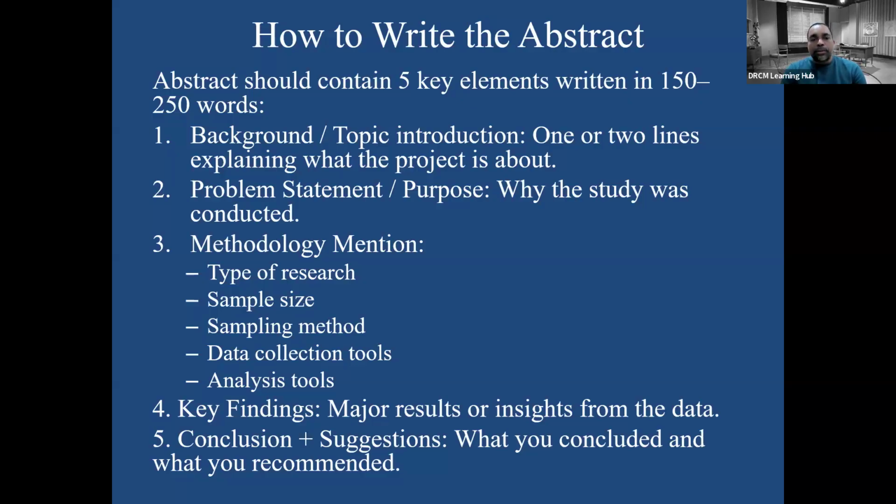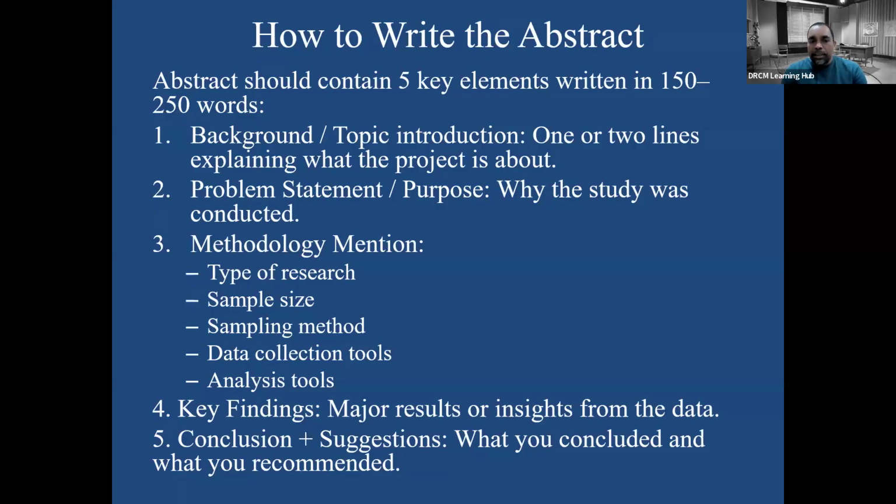Now, the methodology: you have to mention your methodology in the first chapter. The type of research, how much sample you took, the sampling method, what data collection tools you used, like Google Forms or a questionnaire, and what analysis tools you used.